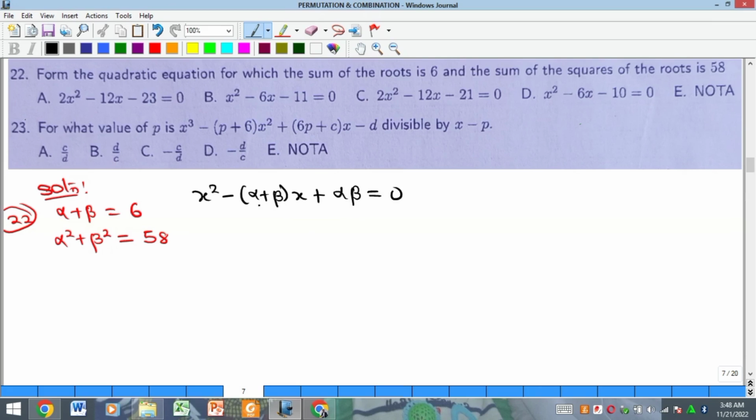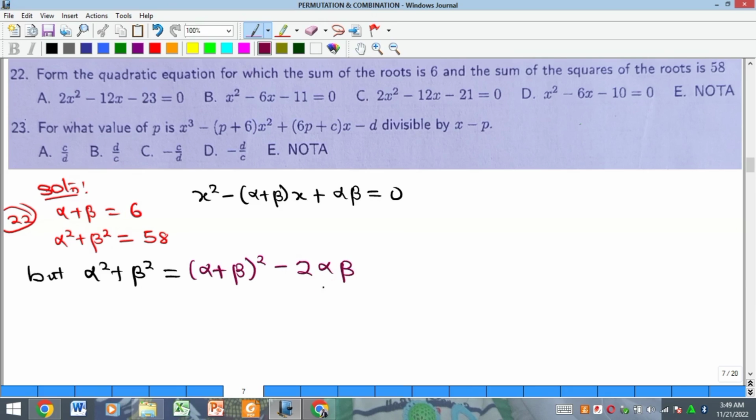There's a general formula for quadratic equations that is of this form. So all we need to do now, we already have this, that's the coefficient of x, and so we need to get alpha beta. Recall that alpha squared plus beta squared, by symmetric properties of roots, is equal to (alpha plus beta) all squared minus 2 alpha beta.